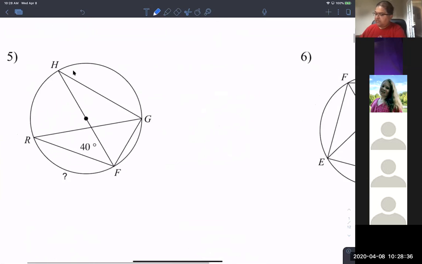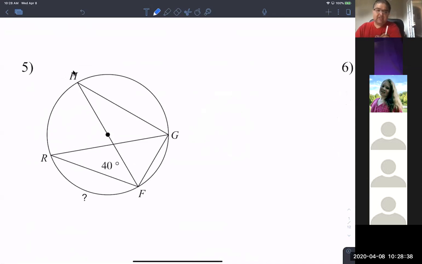Right, so let's look at number 5. Let's have you guys try to do number 5. So it's 40 for angle F. Yes. Okay. Well, not the entire angle F, this little piece right here.